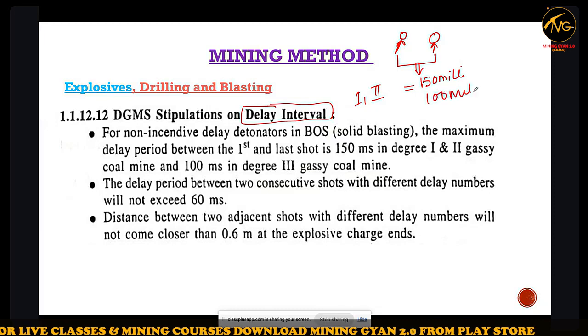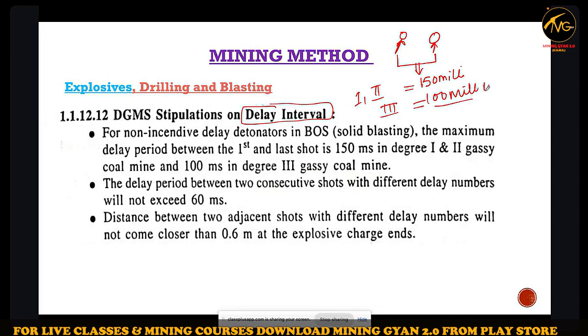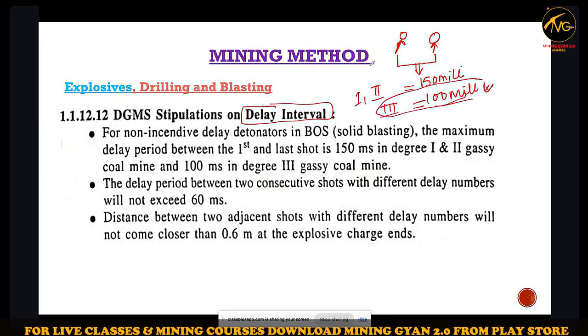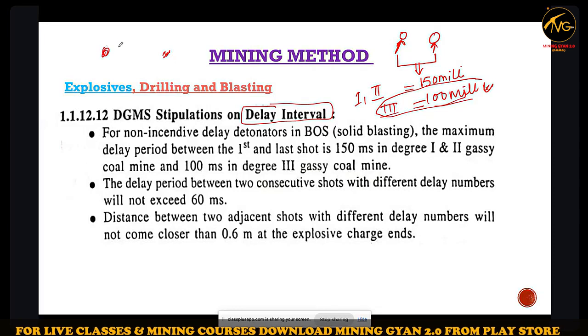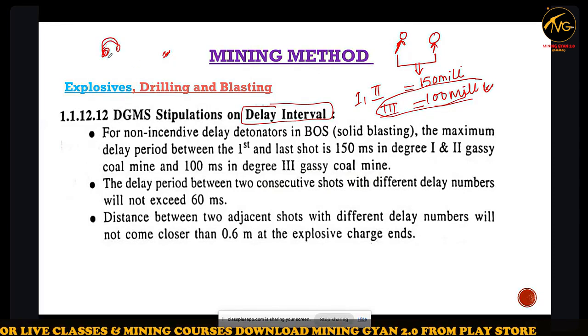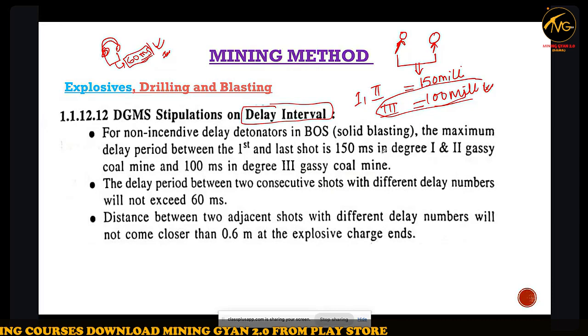It should not be more than 100 milliseconds in degree 3. Degree 3 में 100 millisecond से ज़्यादा नहीं होना चाहिए. Then we also discussed that for two consecutive shots, the delay should not be more than 60 milliseconds. And two consecutive holes should not be closer than 0.6 meter.